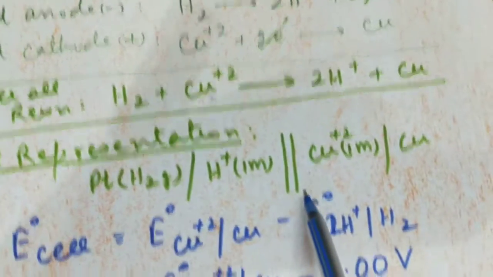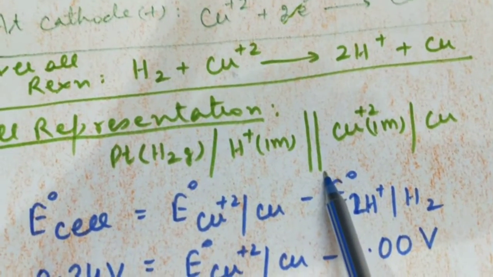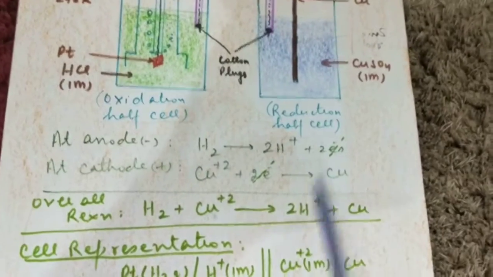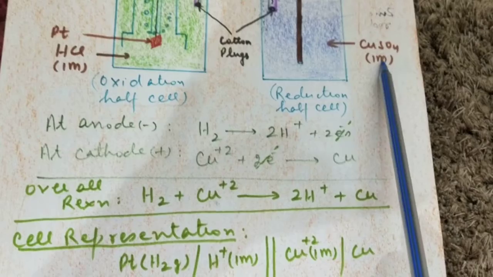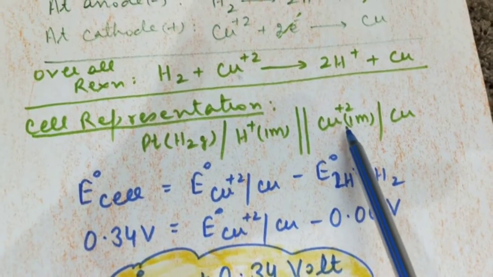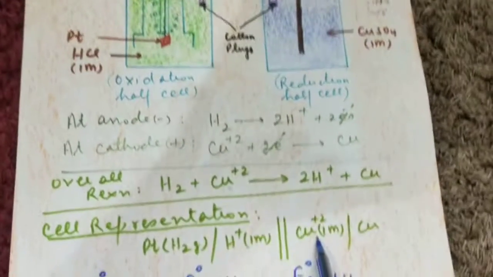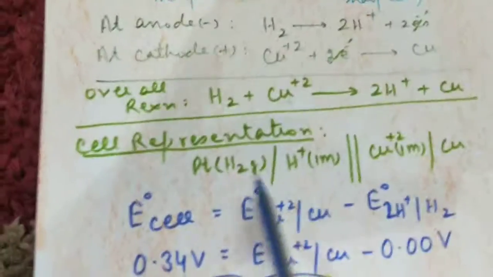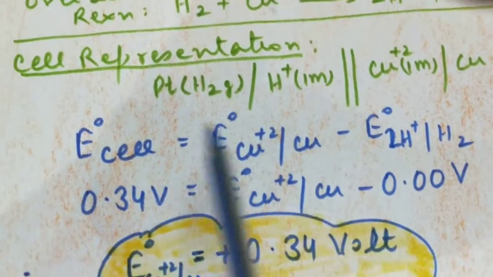We are showing it with 2 vertical lines. Then right hand side, there is copper sulfate at 1 molar concentration, that is Cu plus 2 ion at 1 molar concentration. Then is copper electrode, this electrode. So this is cell representation.